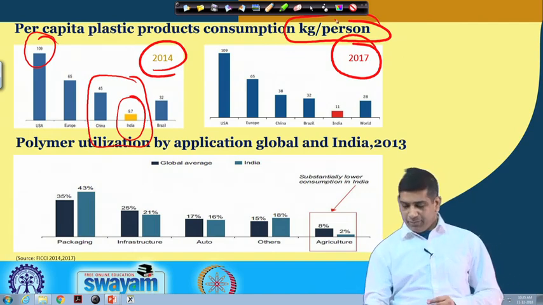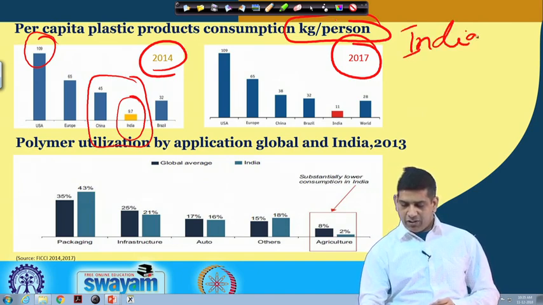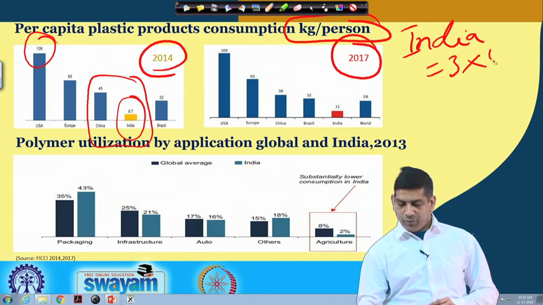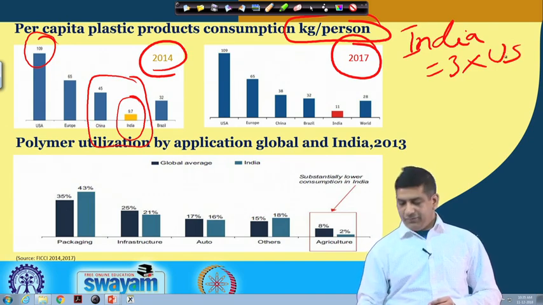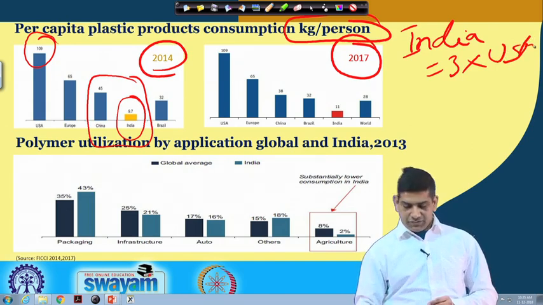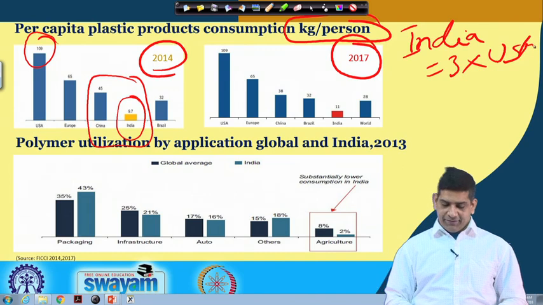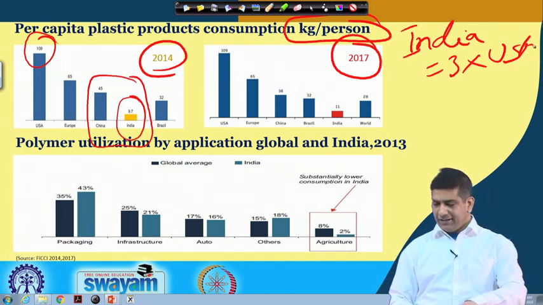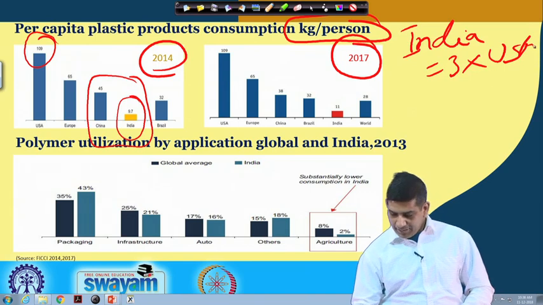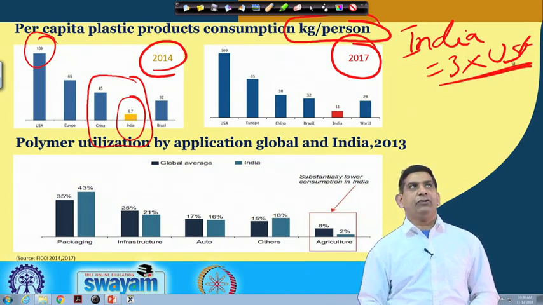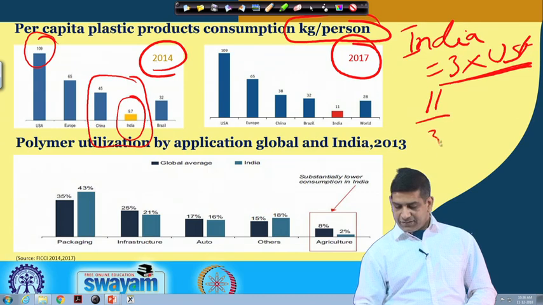The Indian population is around three times the US population. So if we have 9.7, we were actually around 11 times less. In terms of usage, that should be 11 divided by 3. If I round it off, 12 divided by 3, it's around 4.